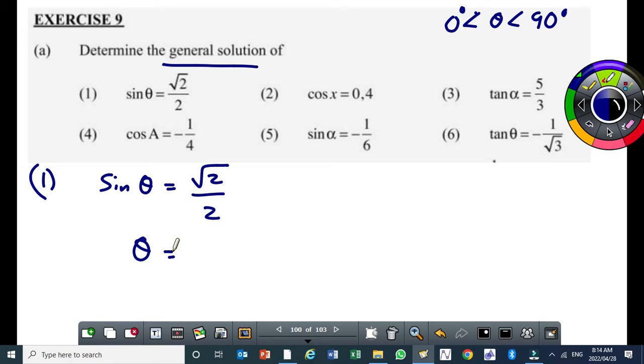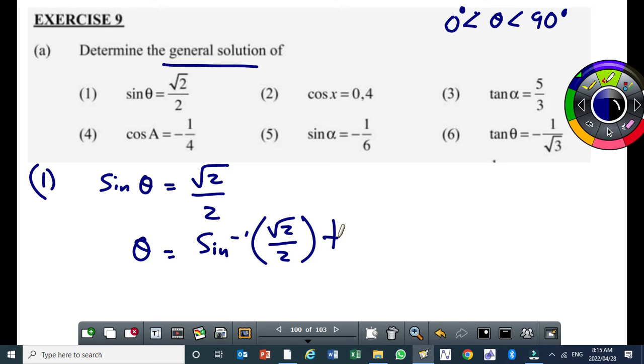So theta will be equal to shift sine of root 2 over 2. Then we add, because this angle here is equal to 45 degrees, by the way, shift sine of root 2 over 2 is equal to 45 degrees. So 45 degrees will be our reference angle, but because the sine graph is periodic, we can get many solutions.